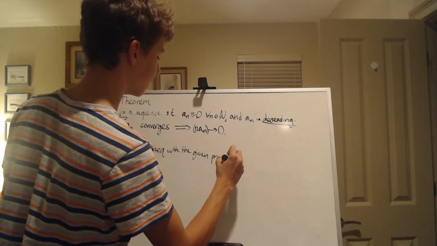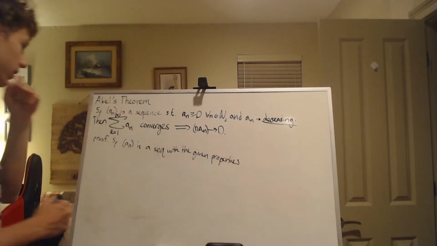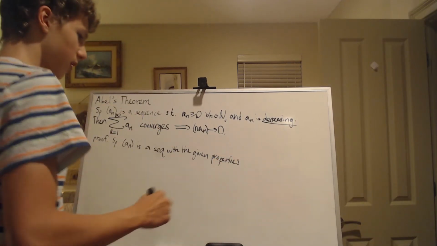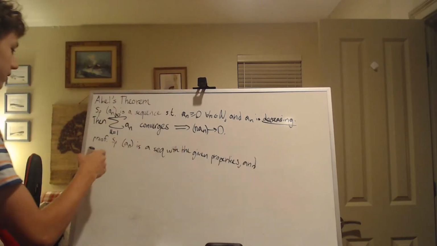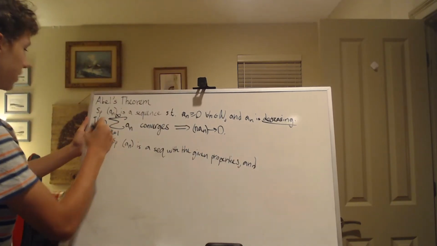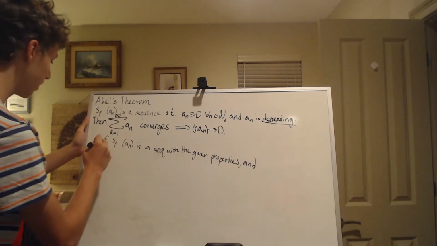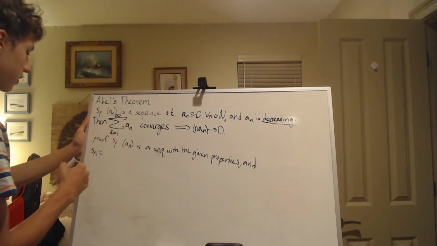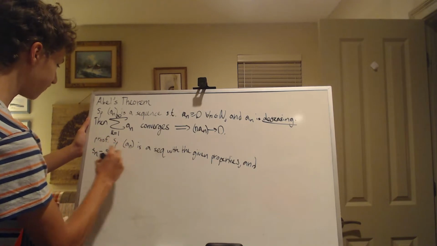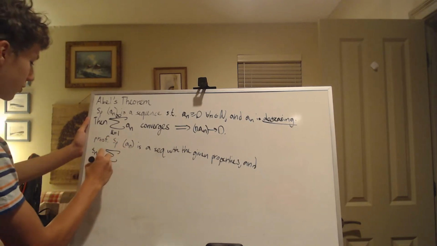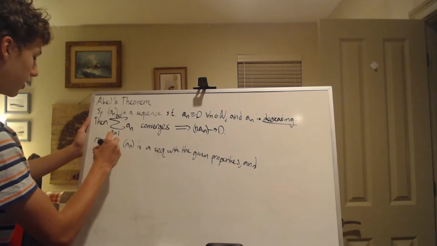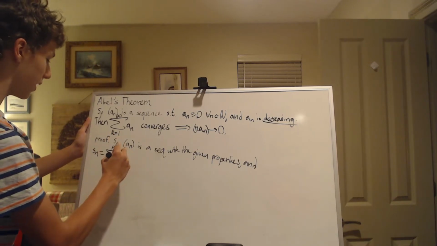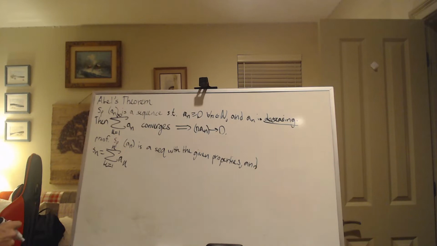And let's let S sub n denote the partial sum of this infinite series. So S sub n equals the sum from k equals 1 to n of a sub k, in this case, right?